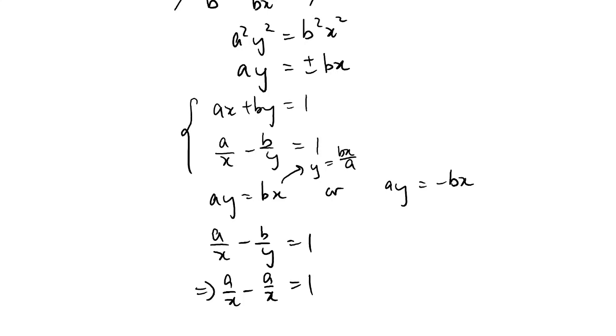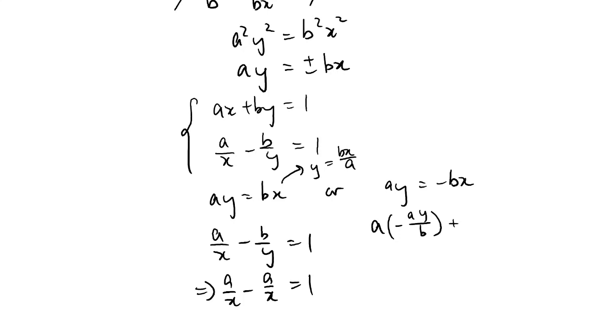So ay equals minus bx instead, and we have to do the same thing with our equations. Let's sub into the first equation. We want a squared minus b squared, which means we don't want x's and y's. So x would be minus ay on b.